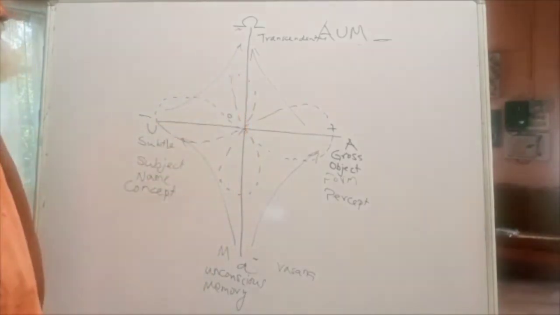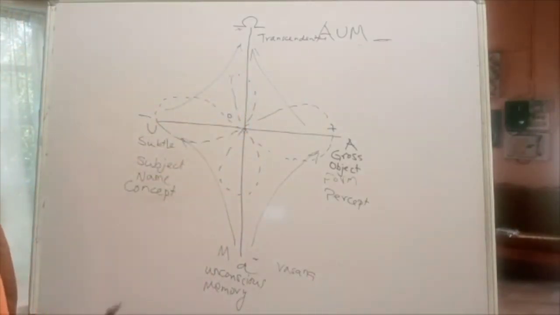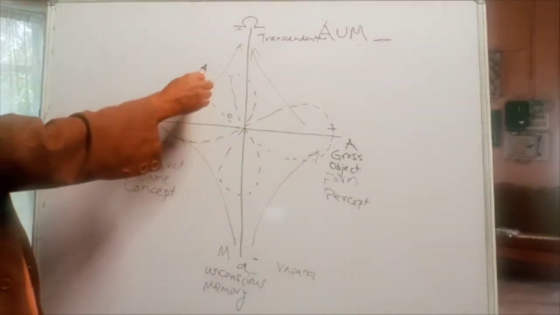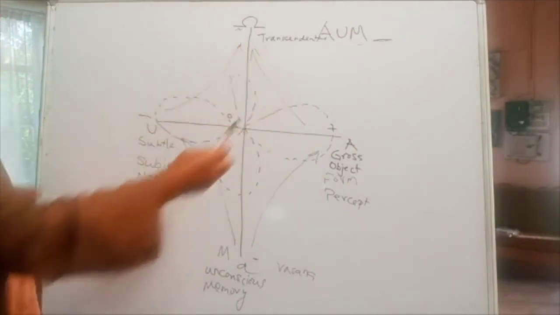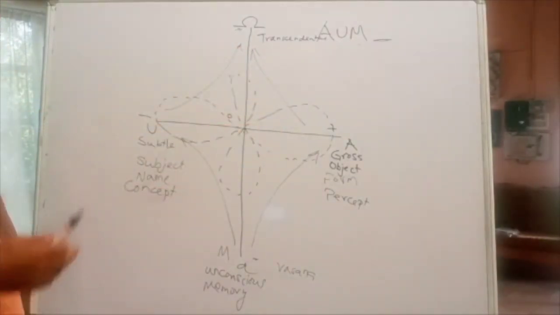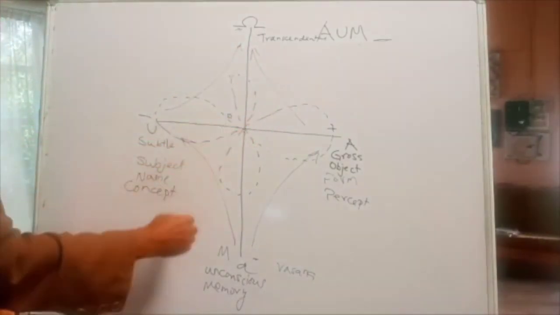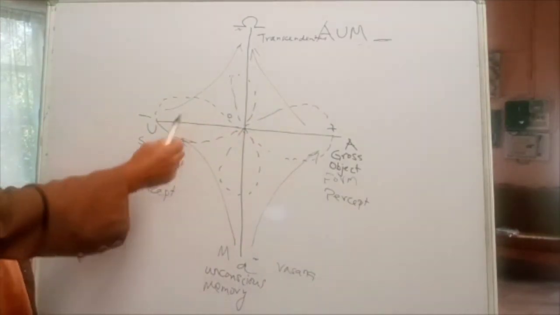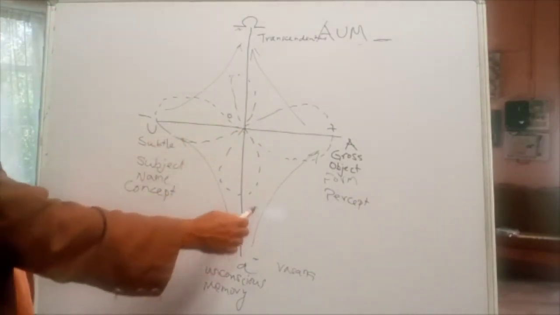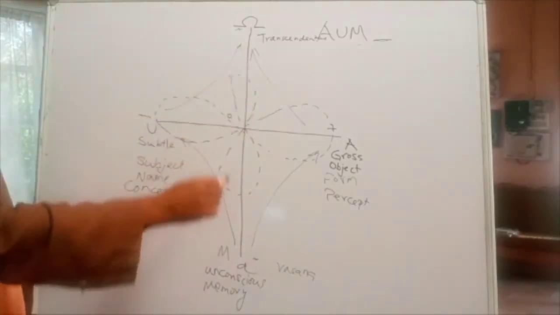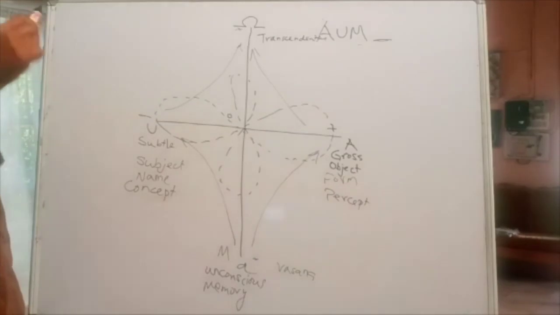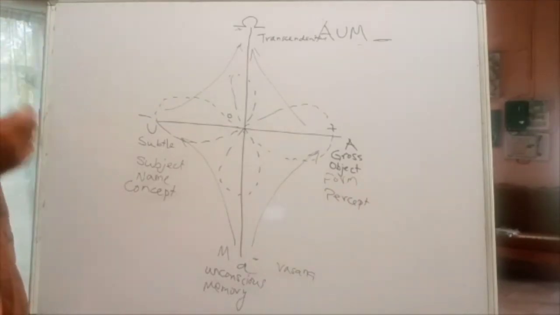So when you want to start a project, you start here, you make plans, and you come here and you start actualizing. When you start actualizing, you find there are so many obstacles, and therefore you go into the negative side and rethink. You have to rethink the whole thing, and then you start again, and again you make another. So like that you are always moving in a figure of 8 between these quadrants.